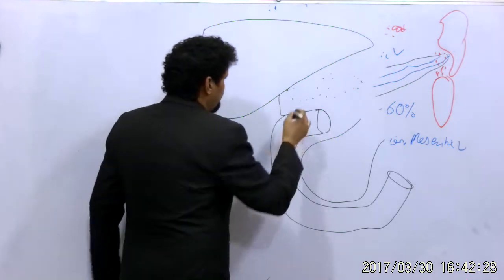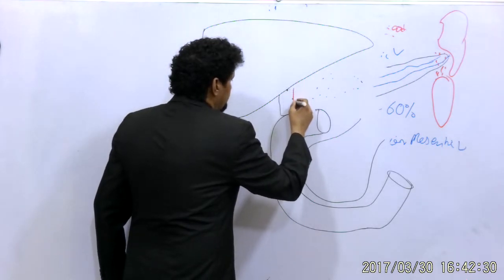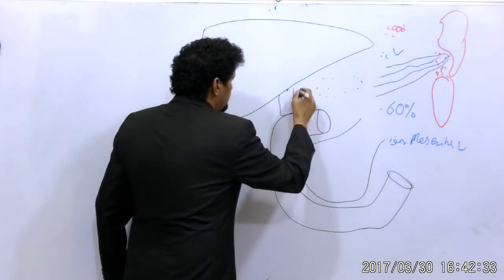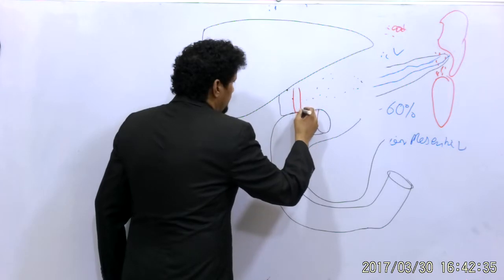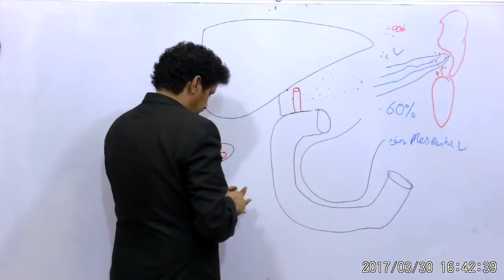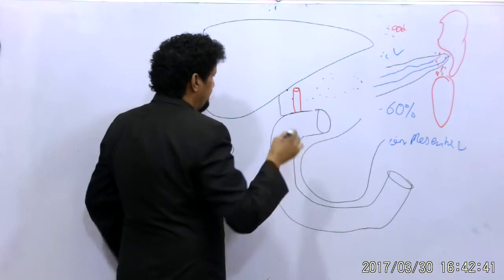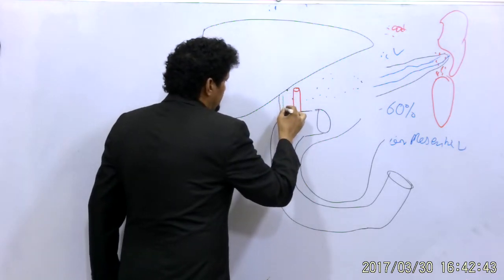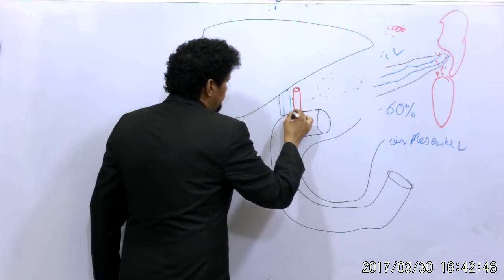So, anterior and to the left is the hepatic artery, anterior and to the right is the bile duct.